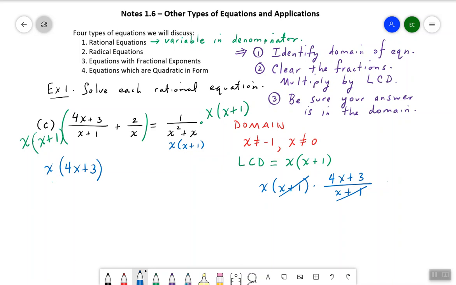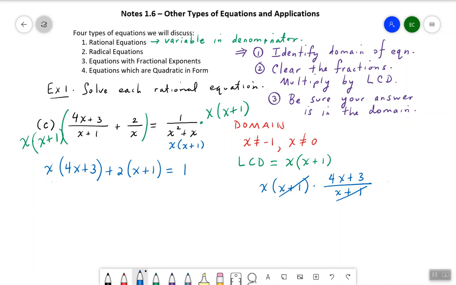And then when you multiply x times x plus 1 times the next term, the x's cancel, and we're left with 2 times x plus 1. And then on the other side, both factors, x and x plus 1, cancel, and we're just left with 1.